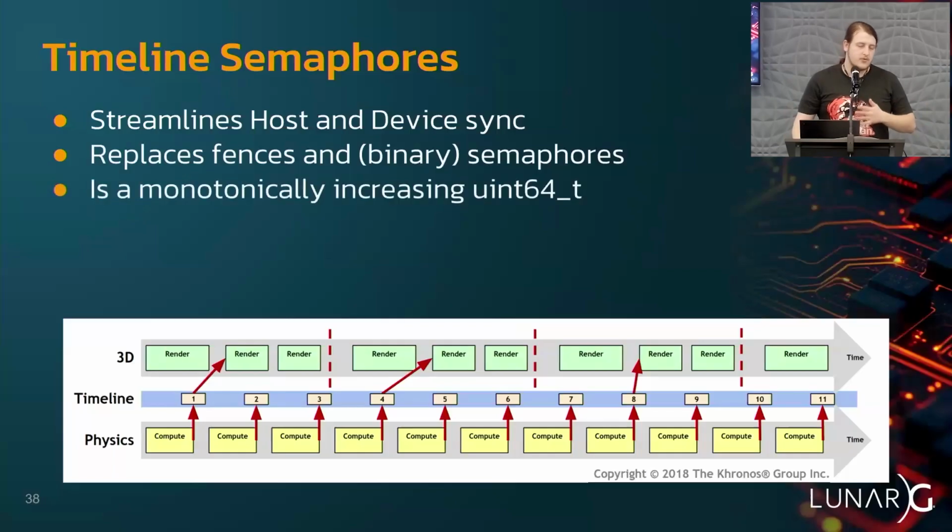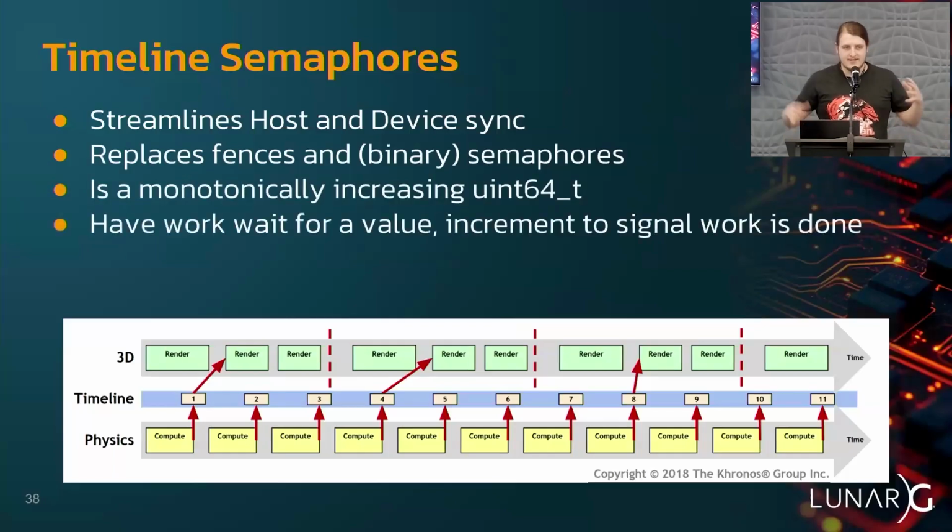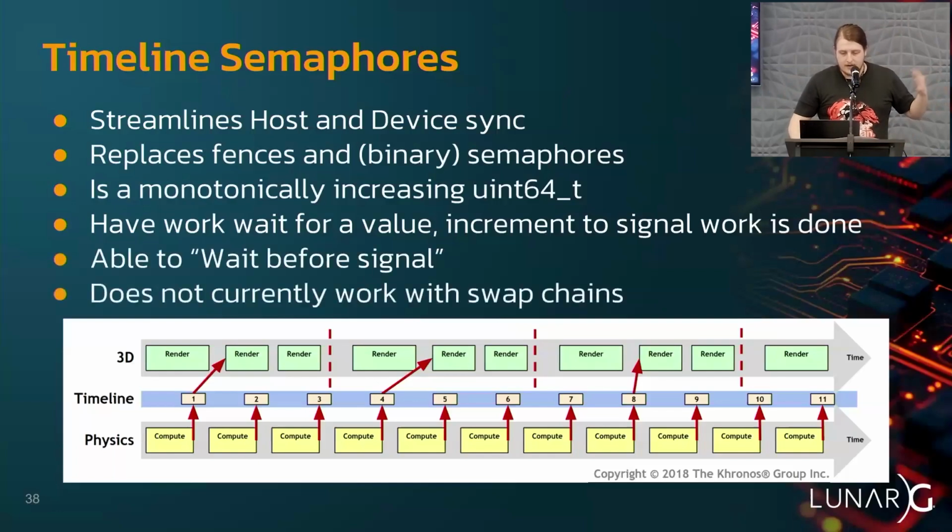Allowing you to sync between the host and the device is a very nice way to keep your application all working together. Being able to wait before signal is a really nice feature that you can't do without timeline semaphores. Only downside is the lack of swap chain support, so you'll have to have a couple of semaphores to work around that for the current time.